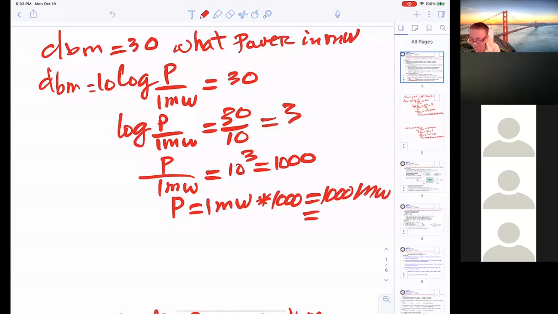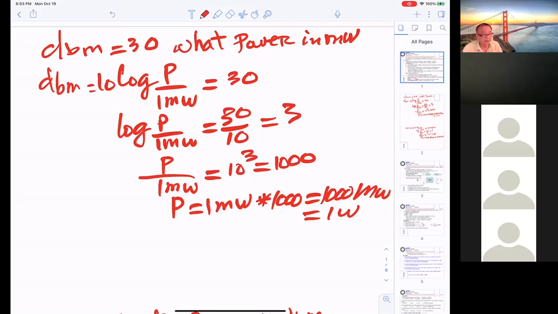If you want, you can change it to 1 watt. Is that clear? If you get a dBm, you're able to convert it to watt, milliwatt, microwatt, kilowatt.